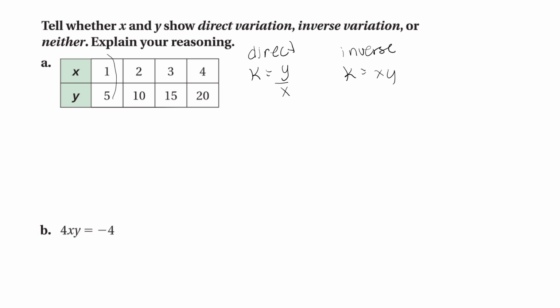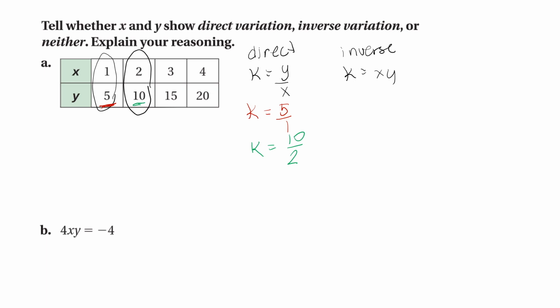So if I look at 1 and 5 and 2 and 10, and I want to see if it's direct, I would plug in my x and y and see if I get the same value. For my first ordered pair, if this was a direct variation, we don't know yet, 5 divided by 1. Then I check my second ordered pair, 10 divided by 2.